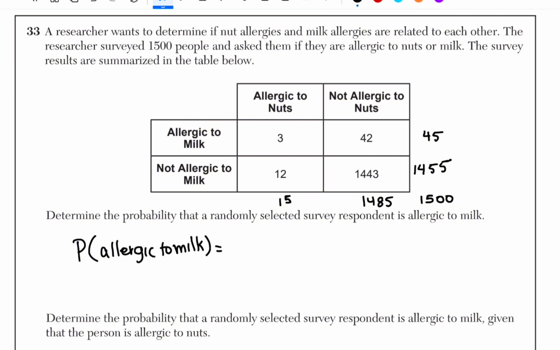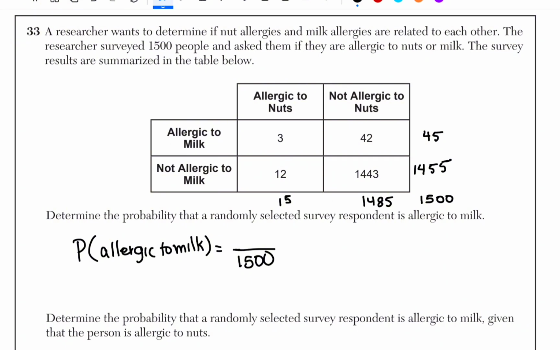So this we're going to put over the population because it didn't give us a condition. They said randomly selected survey respondent. So from the entire survey, we know our base is going to be 1,500. That's going to be our base. And then they say allergic to milk.